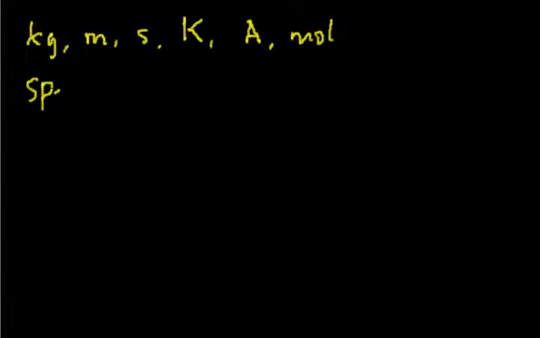Right, speed. Now, the unit of speed is none of the above, but it can be related to those. Right, because we know that speed is actually distance divided by time.